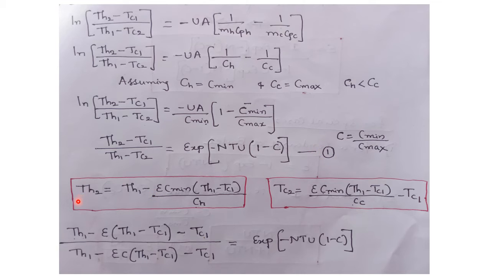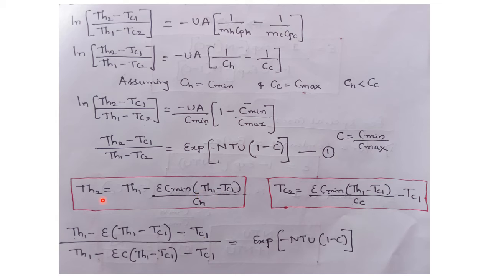The effectiveness of the heat exchanger, epsilon, is given by Q divided by Q maximum. From that equation, the values of Th2 and Tc2 were already calculated while deriving the effectiveness of the parallel flow heat exchanger.